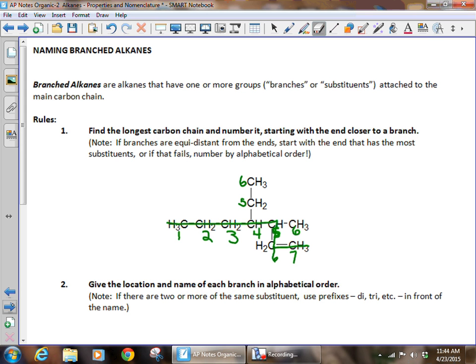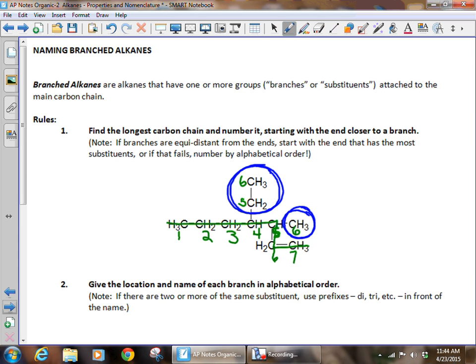So I want to start numbering it from the end closest to a branch. So let's look at the fact that if I'm numbering this 1 through 7, here is a branch that's off the line, and here is a branch that's off the line. So if I were actually going to name this compound, then I would have to start with the 1 down here, because in going from the left, this branch right here is on the 4 carbon, and this branch is on the 6 carbon.